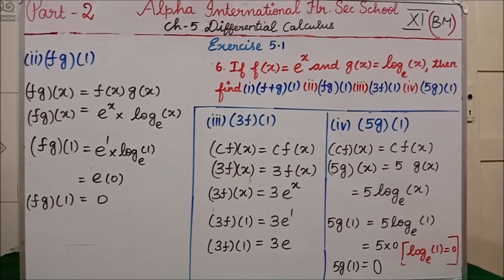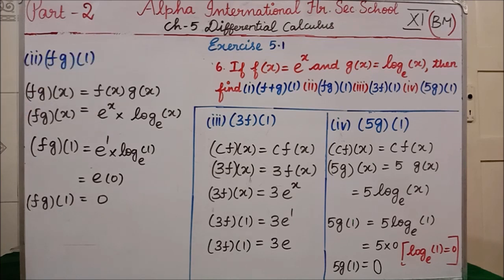Students, now we are going to see the second subdivision. Clear? f into g of x is equal to f of x into g of x. Which rule have we written? Second rule. See, f g of x is equal to the f of x value, e power x, into the g of x value, log e x. Isn't it? Now instead of x we have 1.